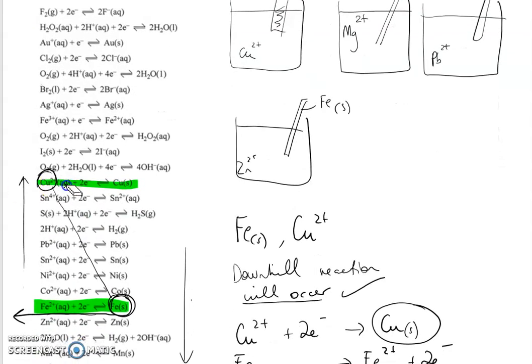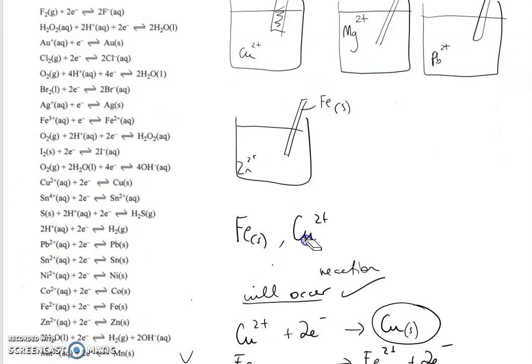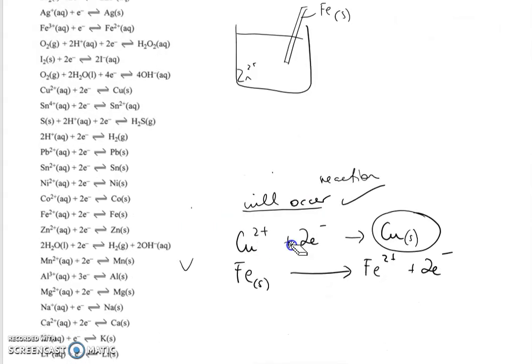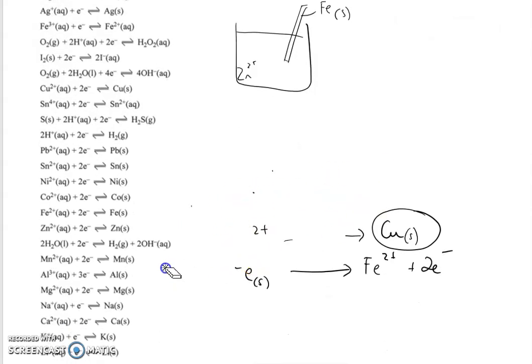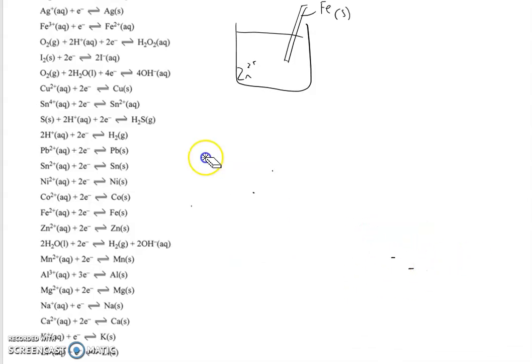So I'll just rub all this out. And let's locate my magnesium ions on my table. So magnesium ions, yep, here. So let's highlight that whole equation.